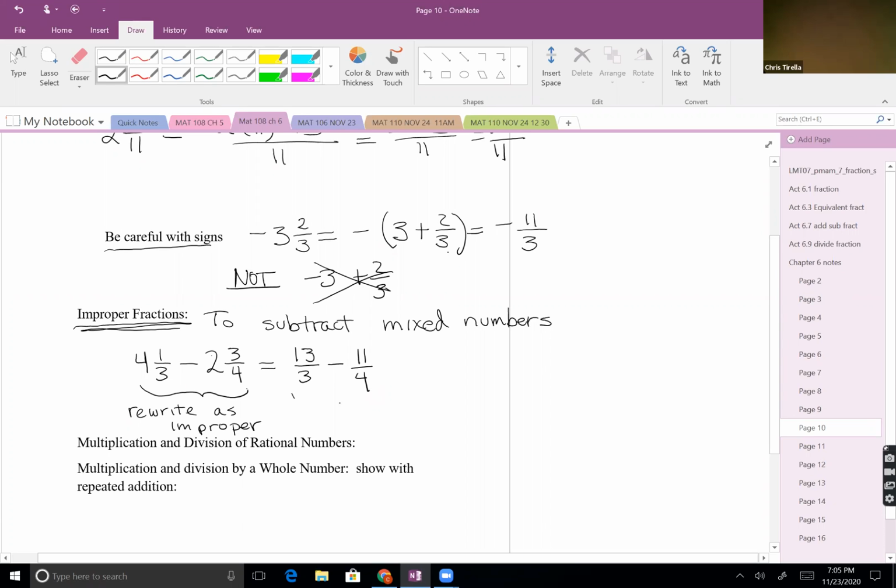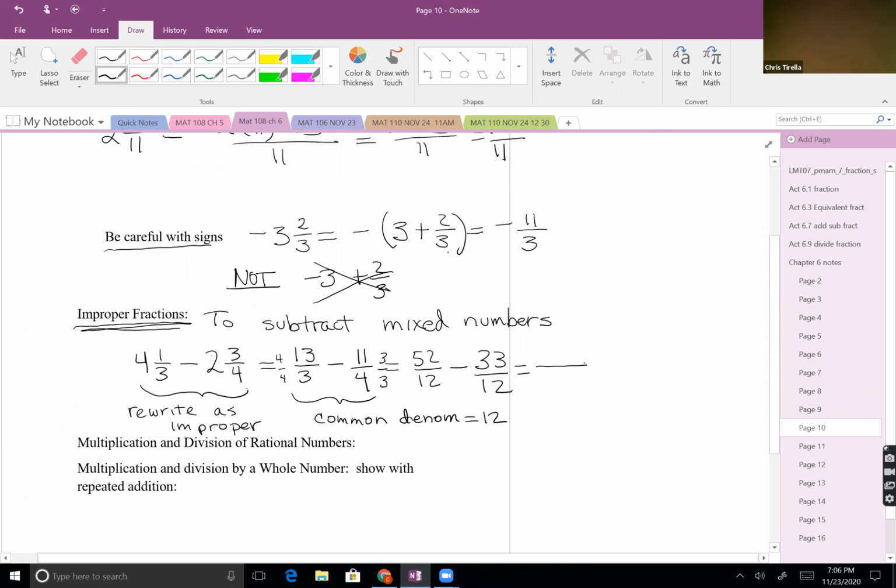Then I'd want to get my common denominator, which would be 12. So this one I have to multiply numerator and denominator by 4 to get 52/12. And the second fraction would multiply numerator and denominator by 3 to get 33/12.